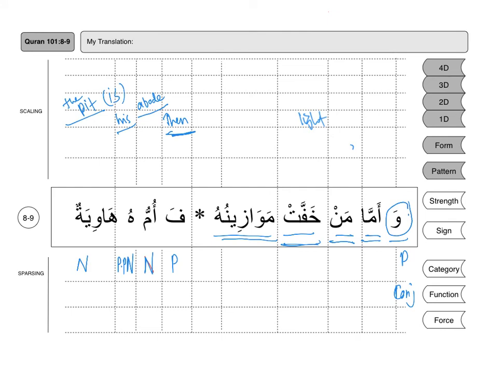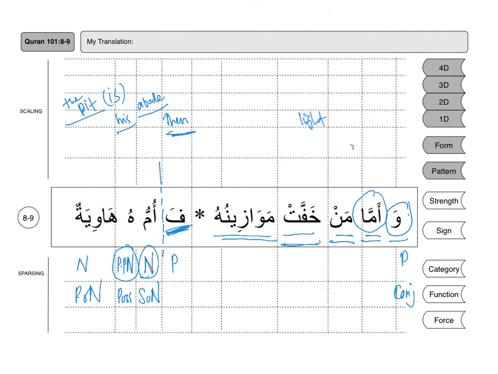So then the fa here will be the same as the fa before, which is jawabu shart, answer to the conditional amma. Okay, ummuhu, it's like the beginning of a sentence, therefore subject of nominal, noun plus personal pronoun, so it will be possessive, and then hawiya would be the predicate of nominal.